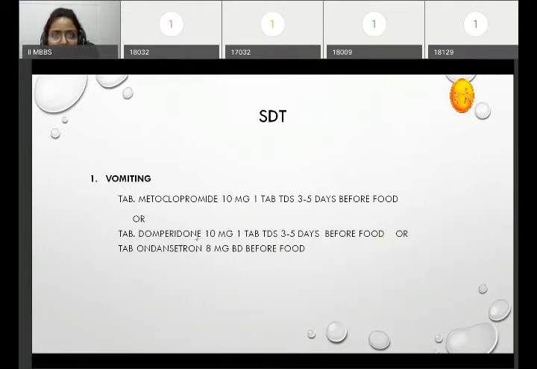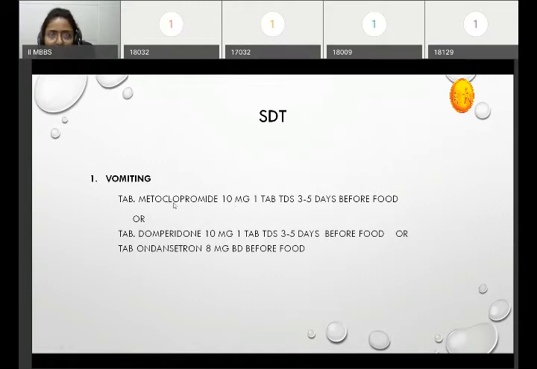This drug is included as a prokinetic drug, but its mechanism of action as an antiemetic is different from its prokinetic effect. First we will see how it acts as an antiemetic. Metoclopramide acts on the dopamine D2 receptors in the CTZ area as an antagonist, and hence any emetic stimulus coming to the chemoreceptor trigger zone is blocked.